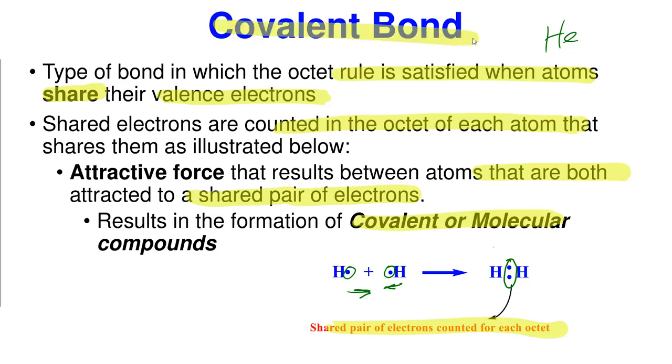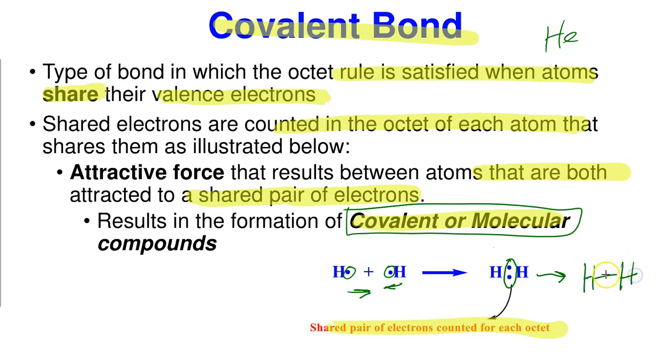The compounds that result from the formation of this covalent bond are what we call covalent or molecular compounds. So covalent or molecular compounds are compounds that have covalent bonds in them. If I redraw this, I have a hydrogen that forms a bond with another hydrogen, and this bond is the covalent bond.